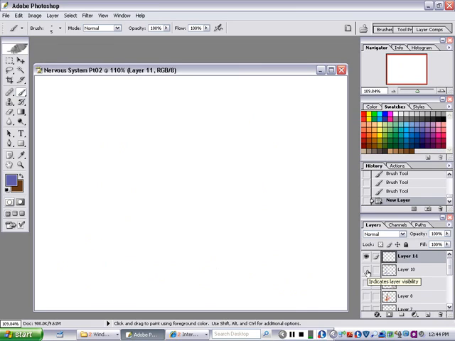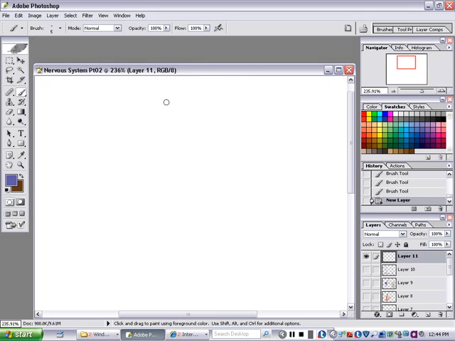Now, the fourth response. Here we are. I'm going to draw an organ here. Let's see if you all can figure out what this organ is.